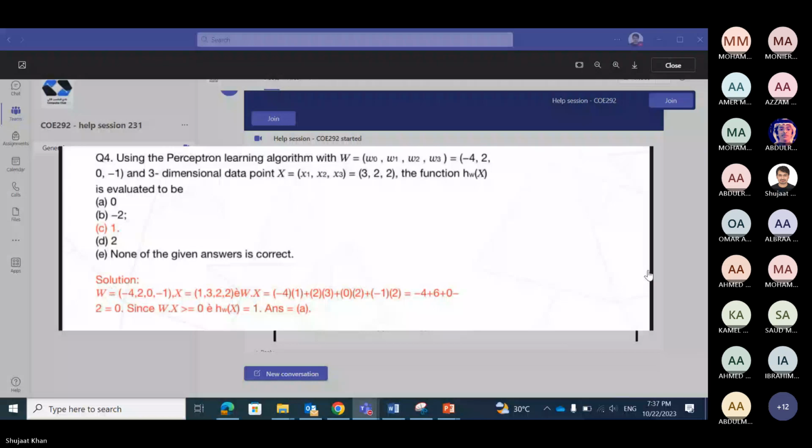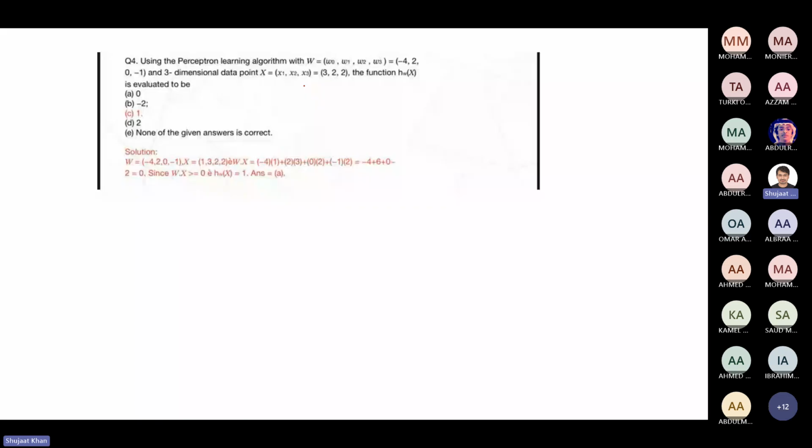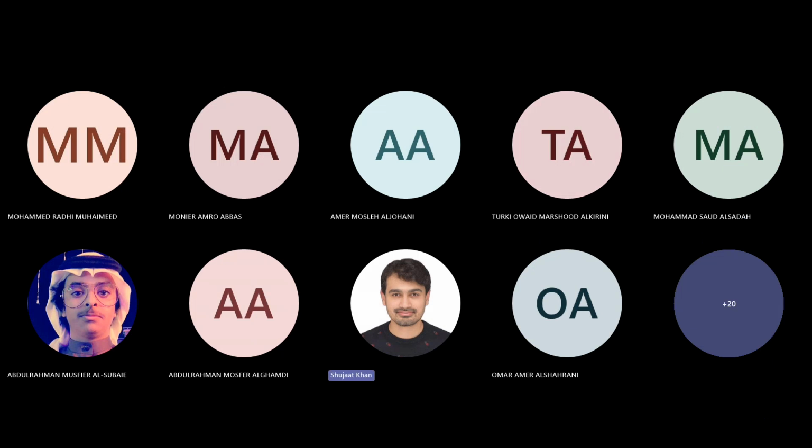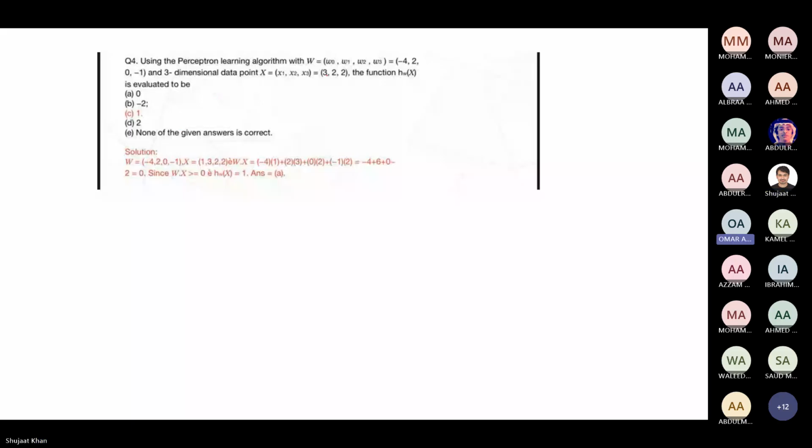Have you written something on the screen? No, it's just a white screen. Okay, white screen. Now is it okay? Can you see it? Yeah, now we can.